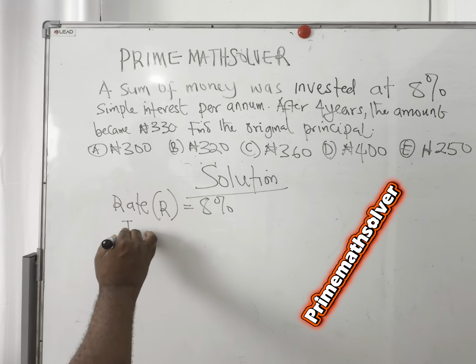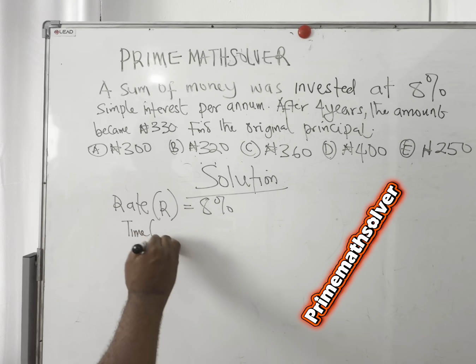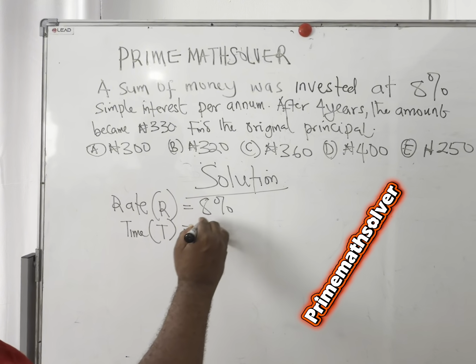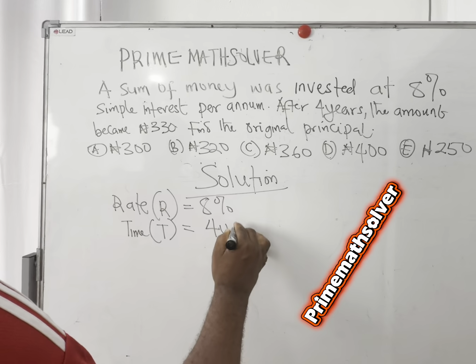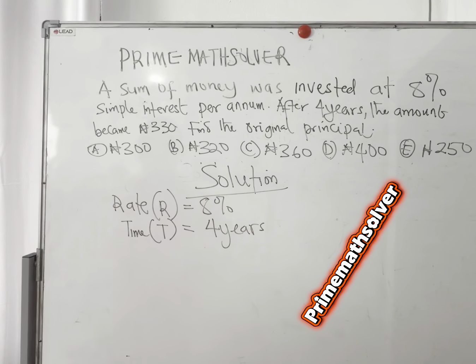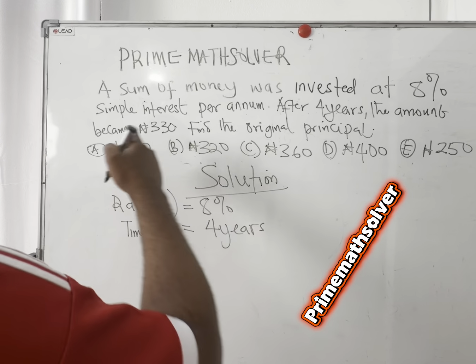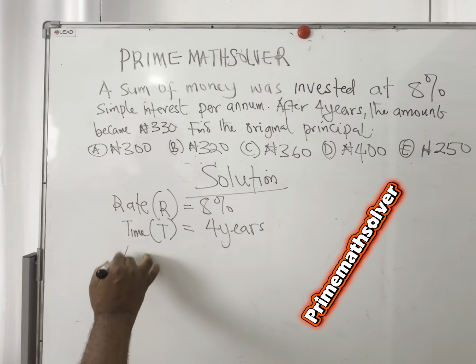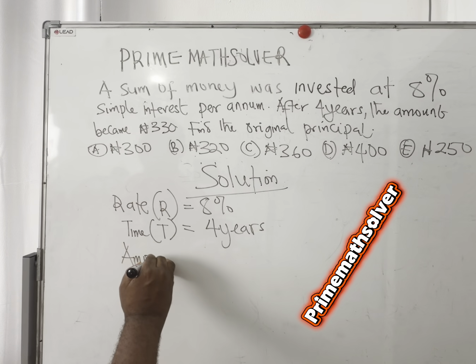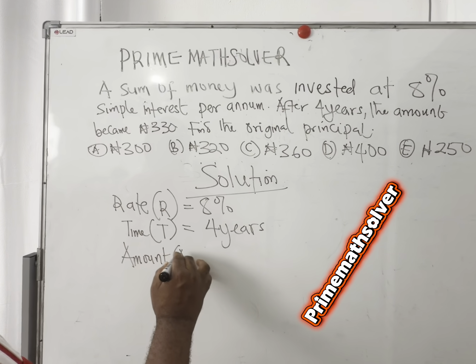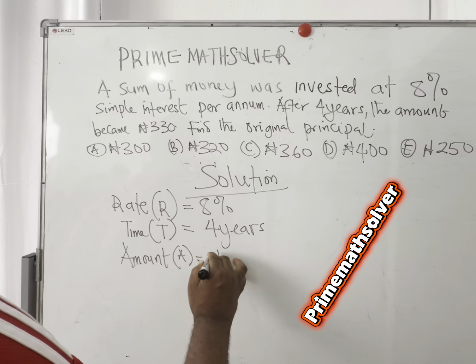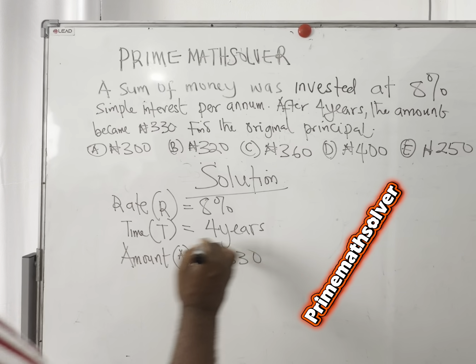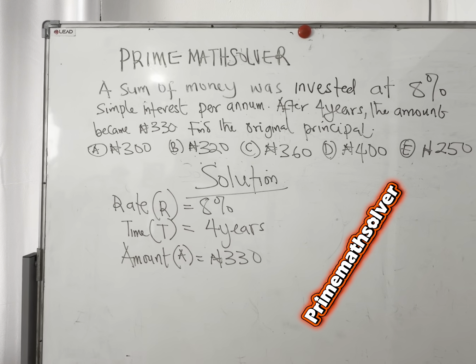When you hear years, it means time, so we can put it T. It's the duration. Now, the amount, A, became 330 naira.